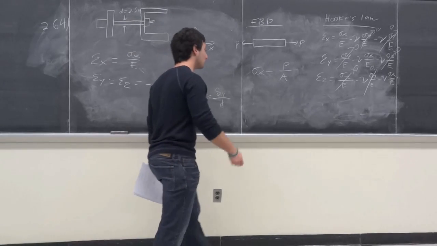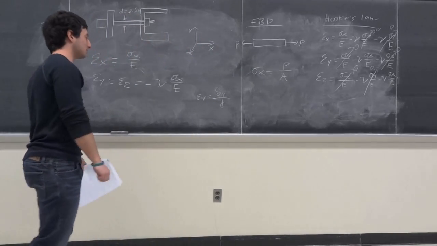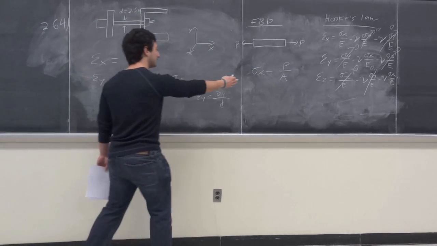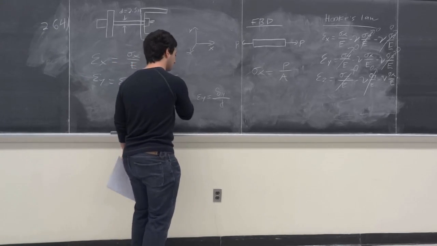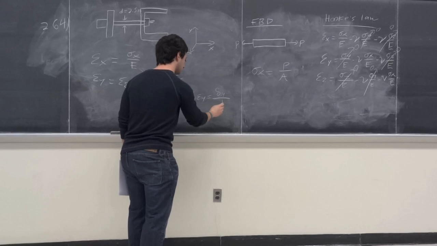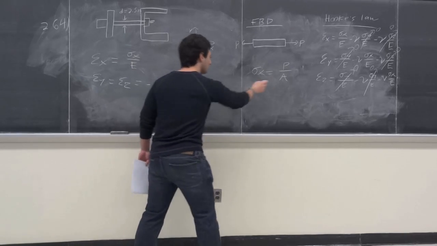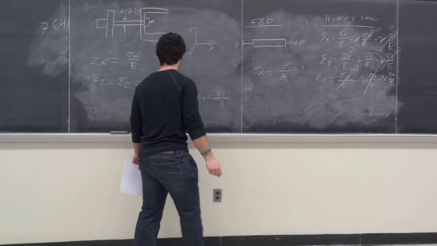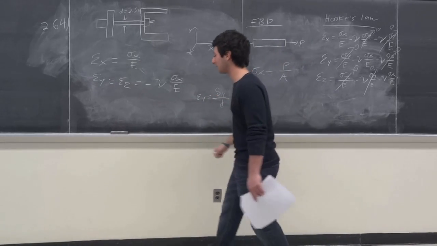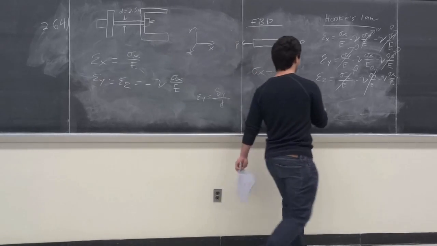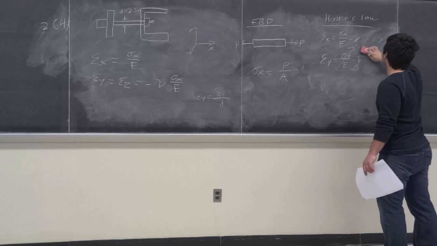So we're looking for P. How are we going to relate that P with all the equations we have? We know sigma x is P over A. You can stick this over here, and you know this quantity is equal to this. You know all of these, and you want to find this. So let's equate things so we can see what I'm talking about. You see where I'm going with this, right?